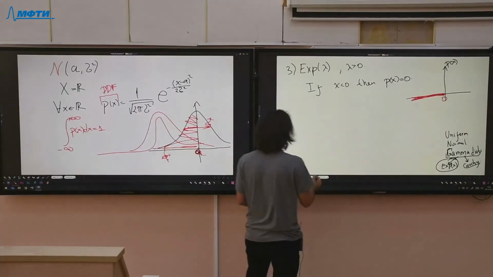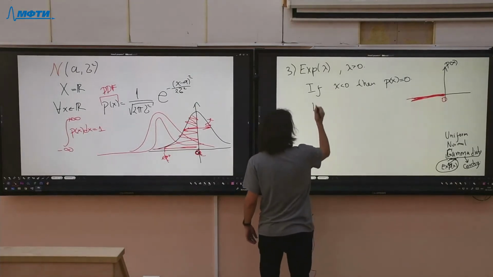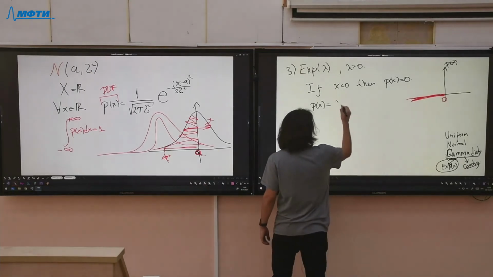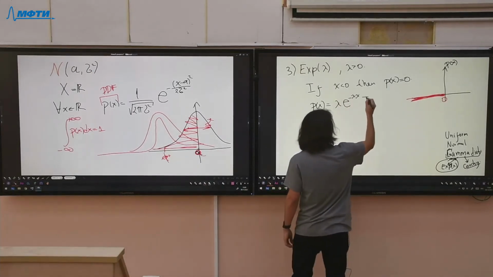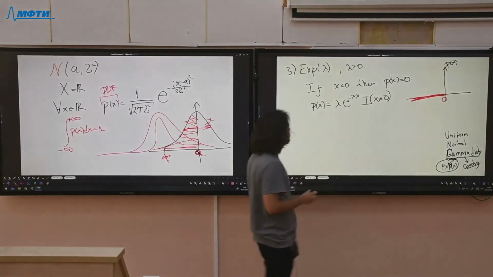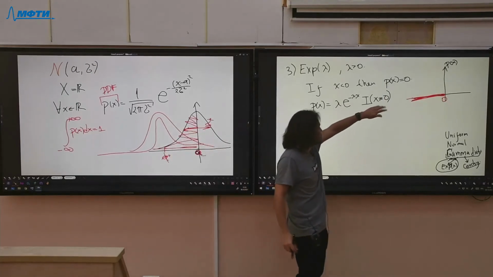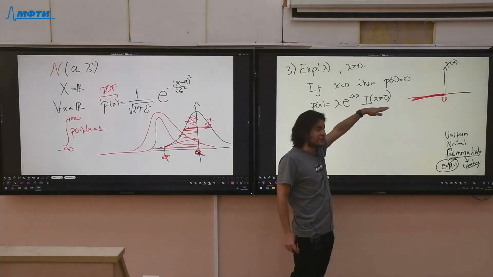And in general, the density is going to be lambda e to the minus lambda x, for every x greater or equal than 0.